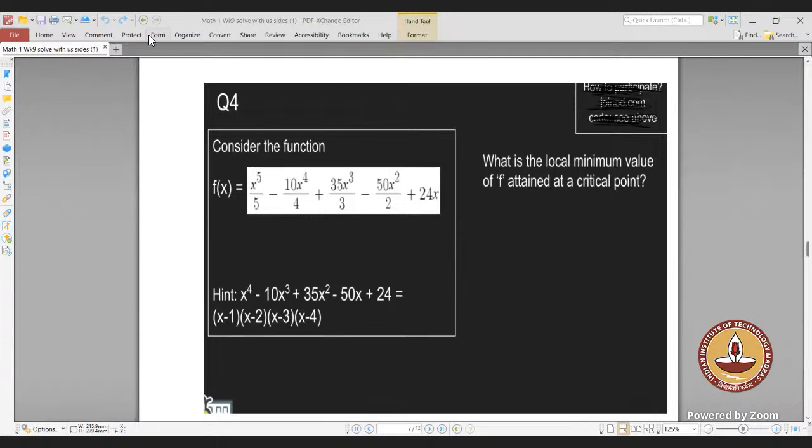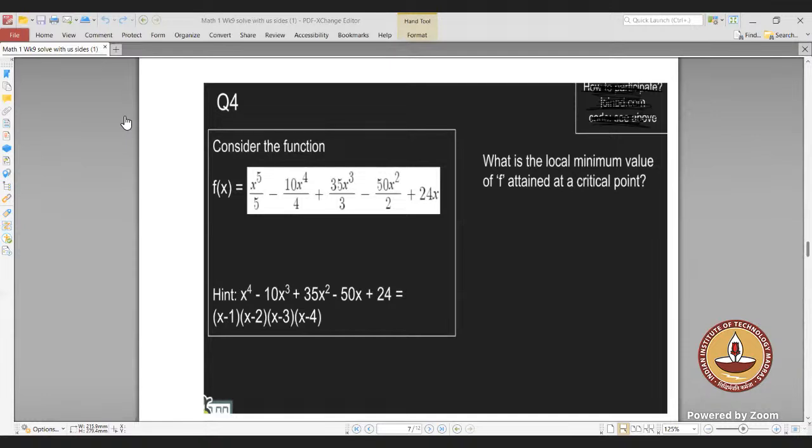But one of the questions in the graded assignment asks for the global minimum. If you look at question number 7 or 8, I don't recall exactly, they have asked for the global minimum. Then you can use the previous weeks' concepts and find the value.